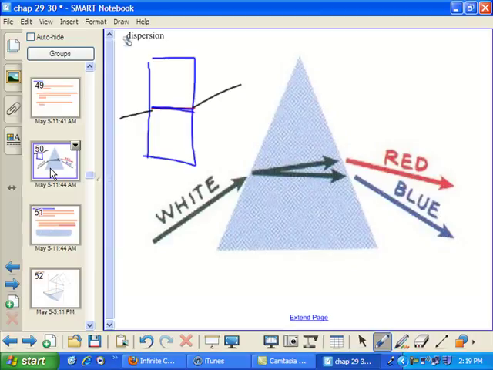But because we made a turn to the right and then a turn to the left. But here we make a turn to the right and another turn to the right, so it doesn't get put back together. So we make 1, 2, like that, it gets separated. But notice our blue light gets bent more than the red light. The other colors are going to be in between. I have a little video.